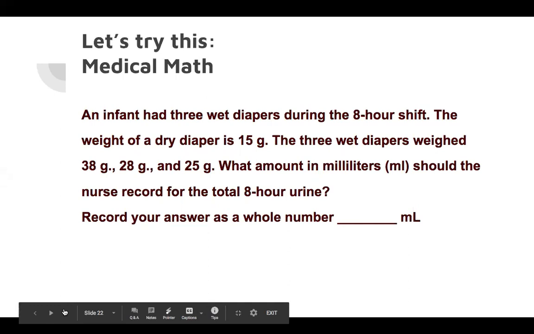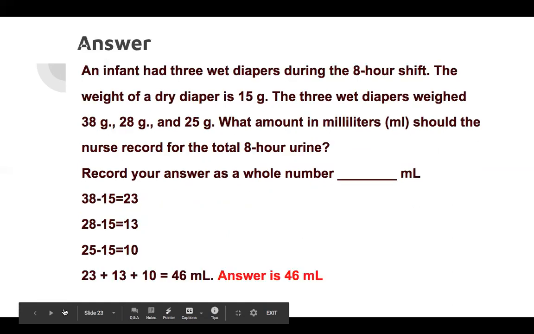Or you have 3 diapers. You can take 15 grams times 3, which is 45. That is what you're going to subtract from the 38, 28, and 25. And there I have it done for you. So 38 minus 15 is 23, 28 minus 15 is 13, 25 minus 15 is 10, and your answer should be 46 milliliters.